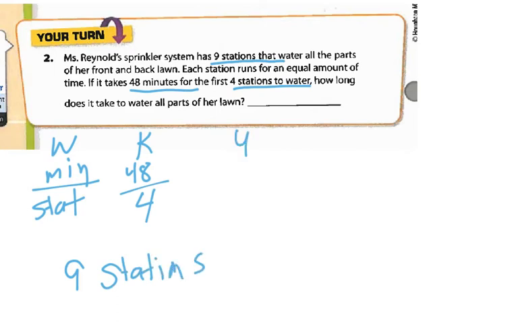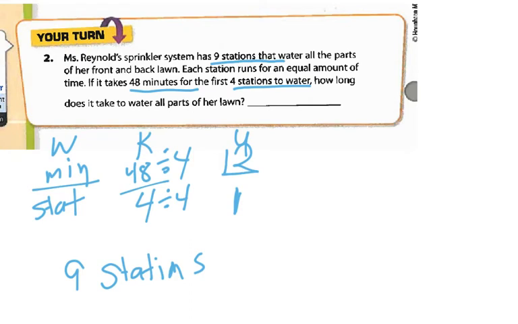So the first thing we need to figure out is what the unit rate is per station, okay? Because 9 and 4 are not friendly numbers. So how do I get from 4 to 1? I'm going to divide by 4. If I divide my denominator by 4, divide my numerator by 4. 4 divided by 4 is 1. 48 divided by 4 is 12.